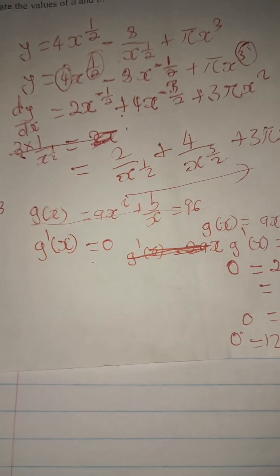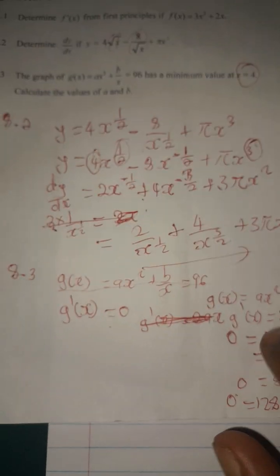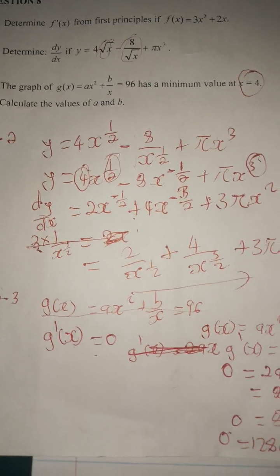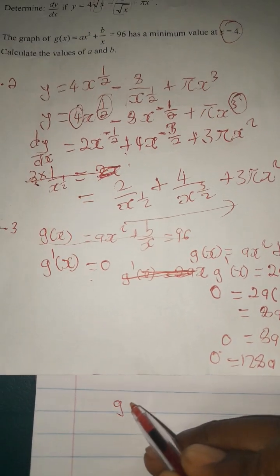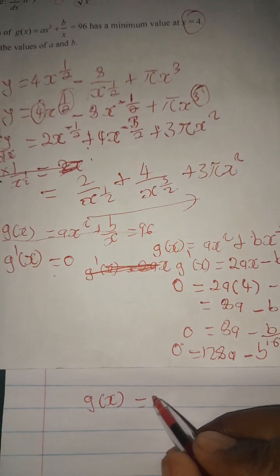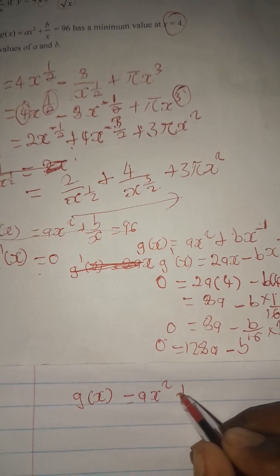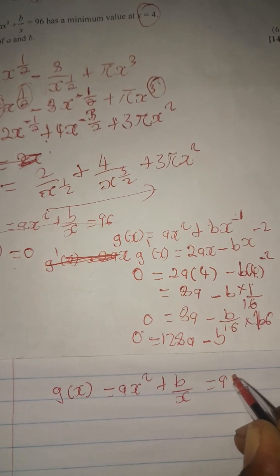To work out equation 2, we gotta be smart, guys. We are going to use the original formula. Remember the original formula, g of x is given as ax squared plus b all over x, which is equal to 96.